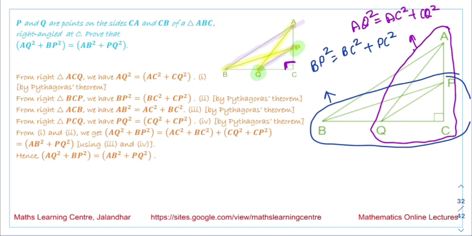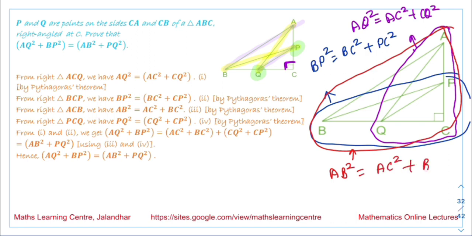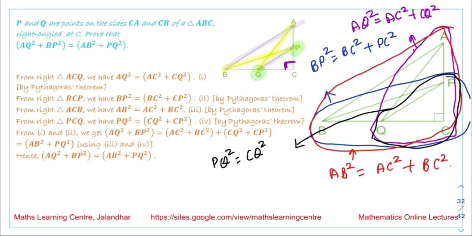The third triangle we are saying is ACB, this larger triangle. For this triangle we have AB square is equal to AC square plus BC square. And the last triangle we are talking about is triangle CPQ. For this triangle we have PQ square is equal to CQ square plus CP square.